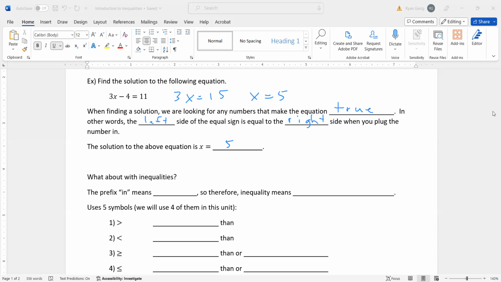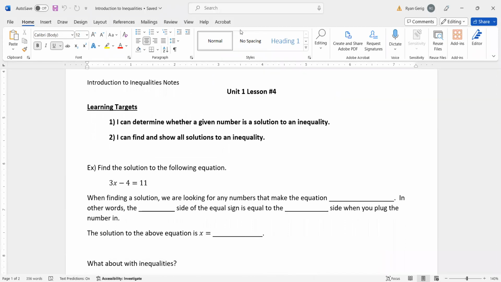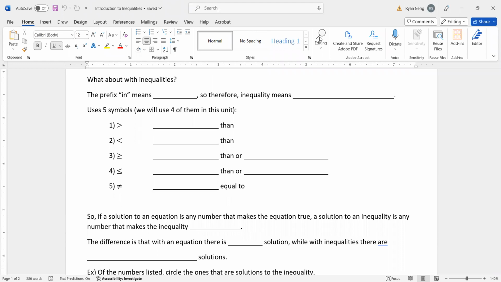What about with inequalities? Well, the prefix "in" means not. So therefore, inequality means not equal. So we're no longer looking at what makes the left side equal to the right side. All right, so it uses 5 symbols. The first one is greater than.